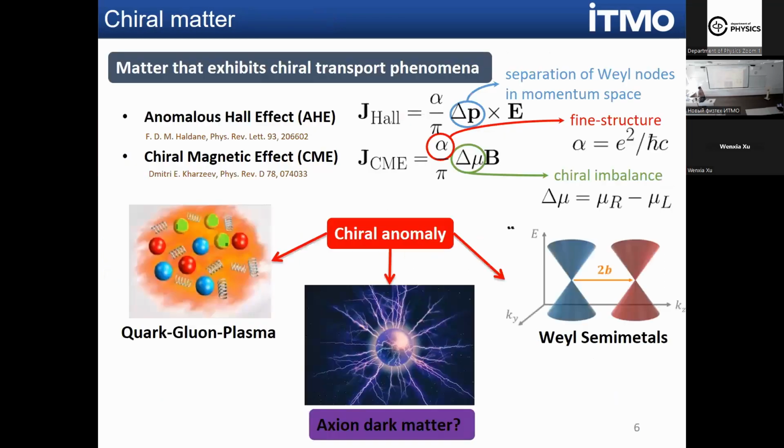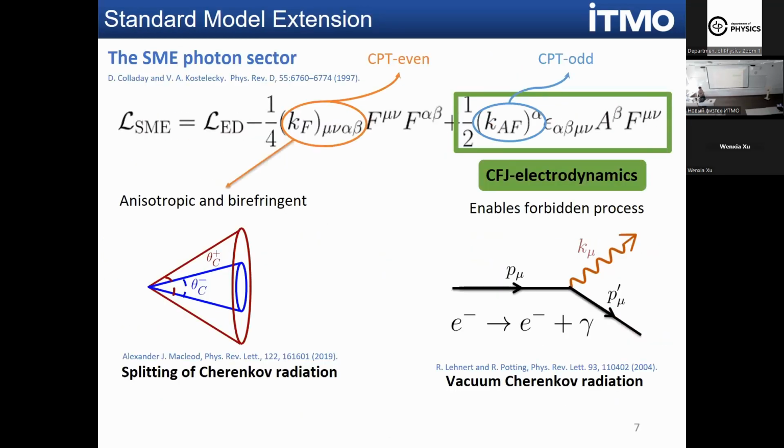Yeah, good question. It's important to say that the CFJ-model corresponds to the CPT-odd term of a model called the standard model extension, which is also a Lorentz violating theory of electrodynamics, where it includes the CPT-even and CPT-odd terms.